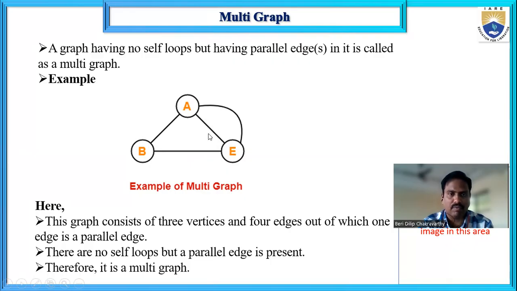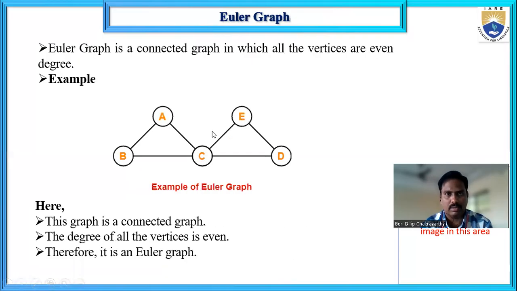If such parallel edges are given without self loops, we will call it a multi-graph. So here the graph consists of three vertices and four edges, out of which one edge is a parallel edge. There are no self loops, but a parallel edge is present. Therefore, it is a multi-graph.